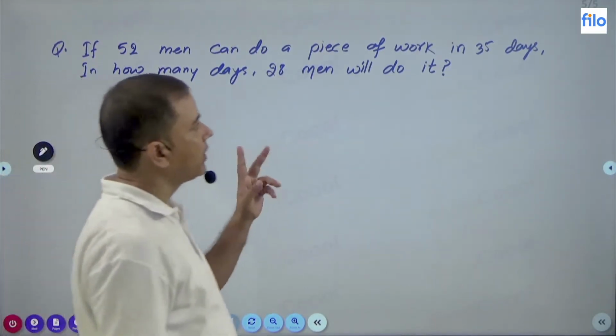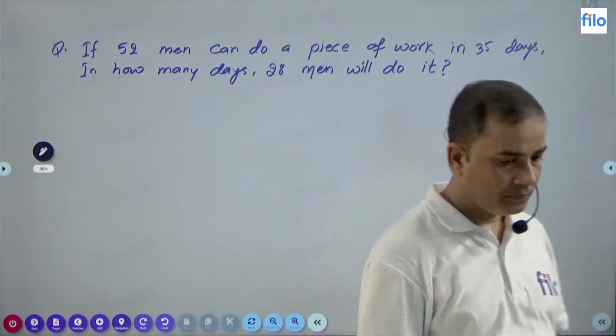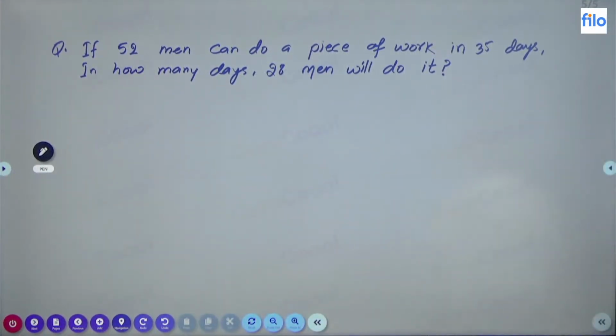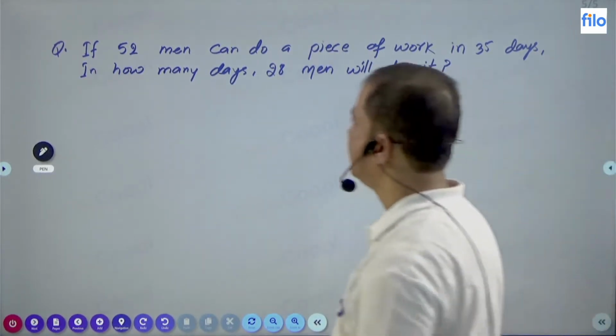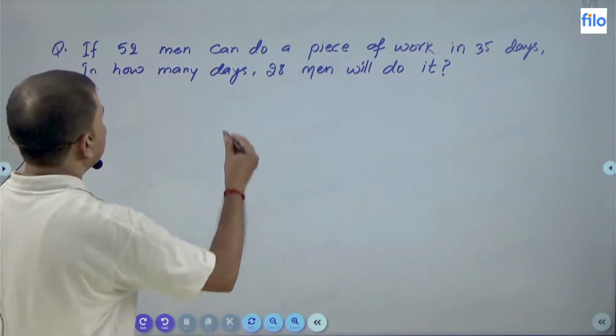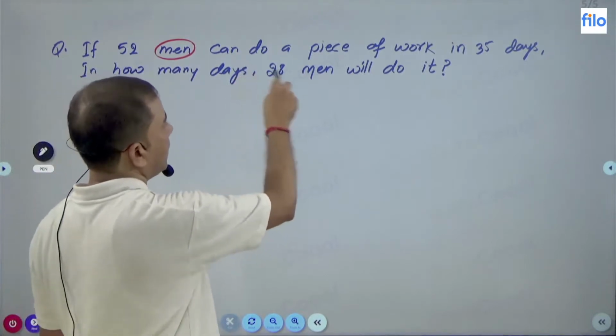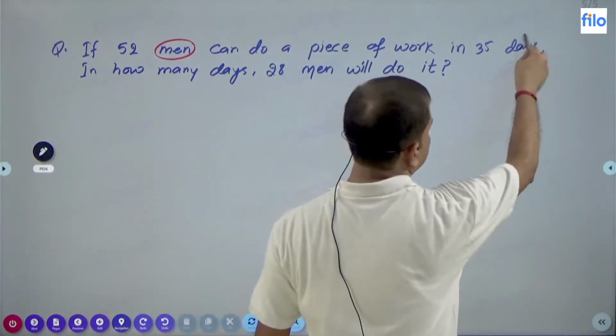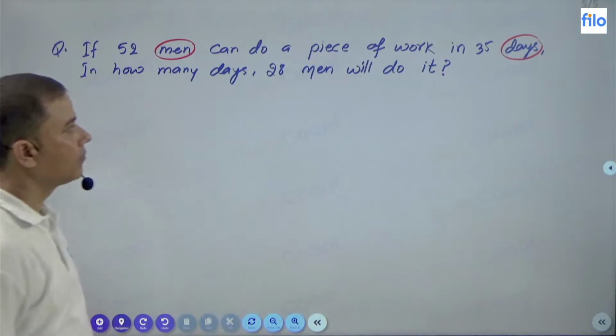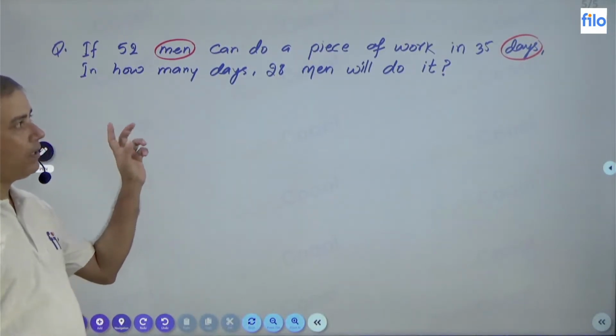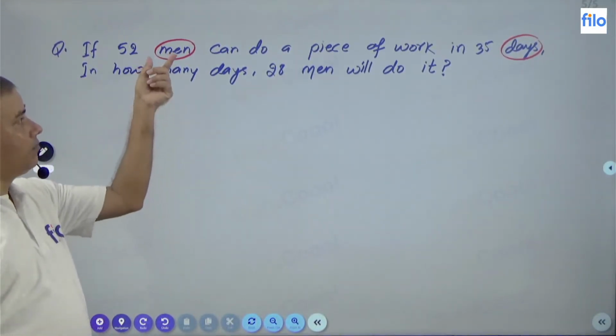So how many quantities are used in this question? First quantity is men. Second quantity is days, right? Just like the previous example, where we were taking persons and days.